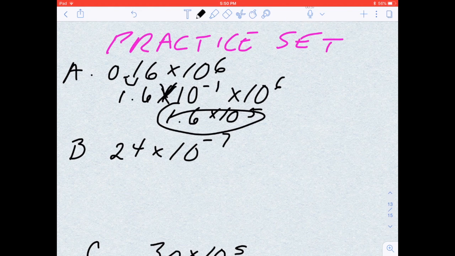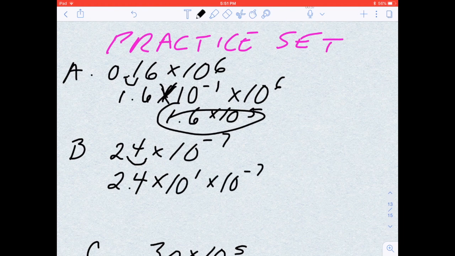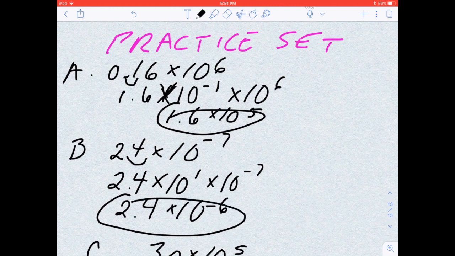Okay, next one, 24 times 10 to the negative 7th. I assume my decimal is after this number, and I move it over 1 to the left, so it's going to be a positive exponent. 2.4 times 10 to the 1 times 10 to the negative 7. 2.4 times 10 to the negative 6 is my answer then.